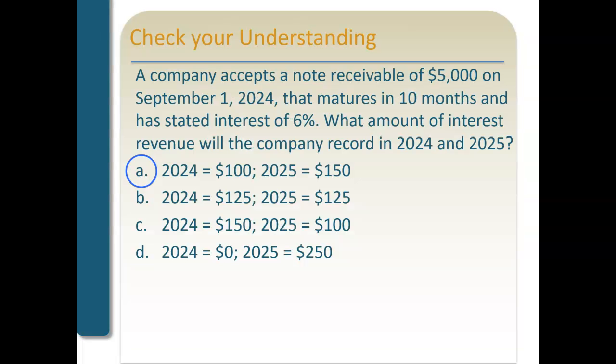But then the total is only 250, not 300. Correct. Because remember, when we say a stated interest rate of 6%, that 6% interest rate is calculated over a 12-month period. Okay? So the entire amount is 5,000 times 6% times 10/12.